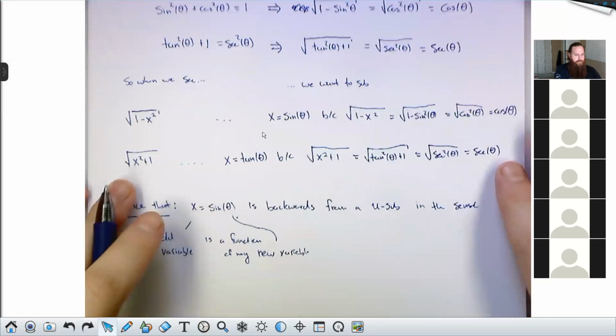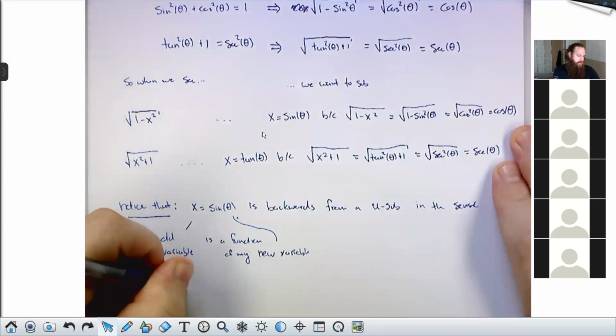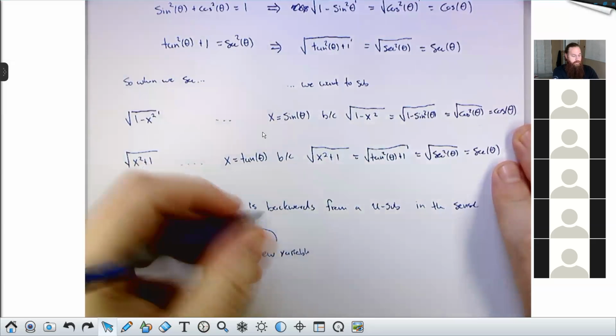This changes how we handle the differential. It actually makes life easier.